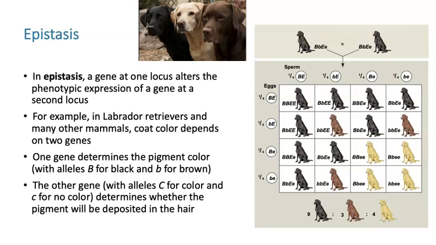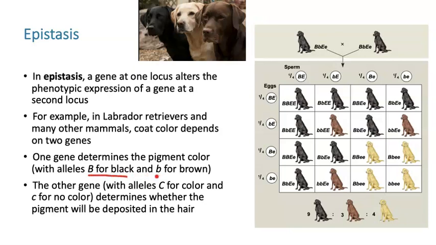It looks like a normal dihybrid cross, but you only have one characteristic that you're looking at, and that's coat color. So one gene determines whether or not you get color, in this case, brown or black.